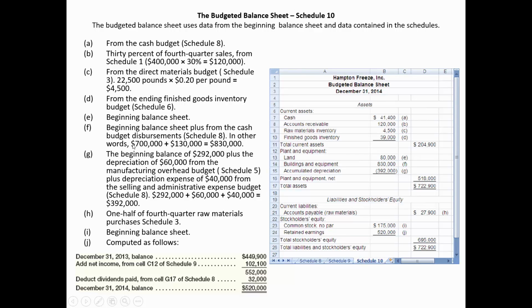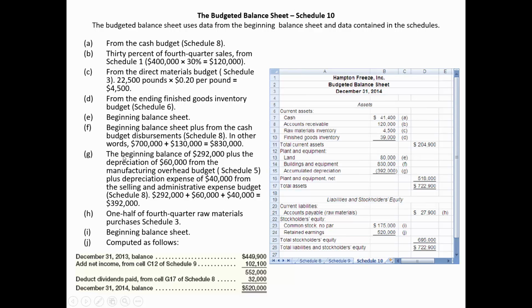So we started out with 700,000. We purchased an additional 130,000. So that's where we get the 830,000. And so that was how we calculated the change in buildings and equipment.